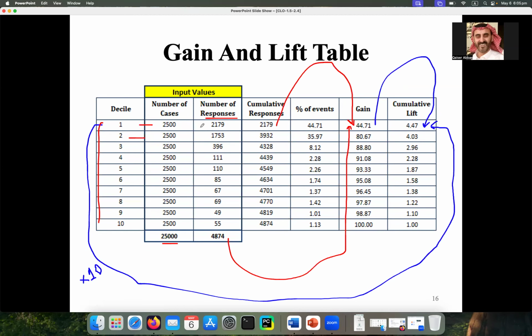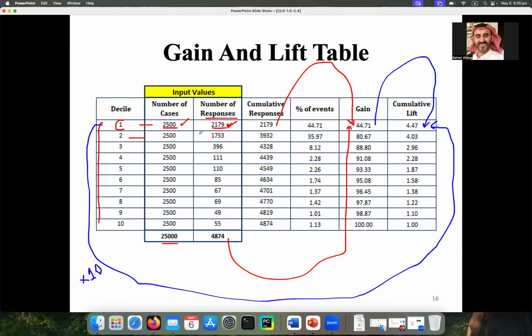From 2500 cases, the model has responded positively for 2179 cases. This is the response of the model. For 2500 cases, the model responds 2179 times for the first decile, you can say.